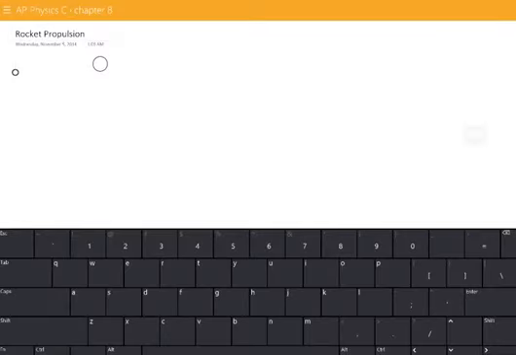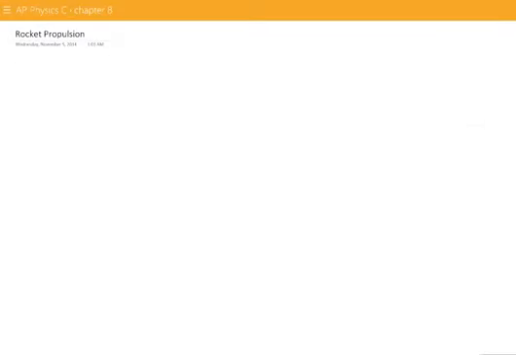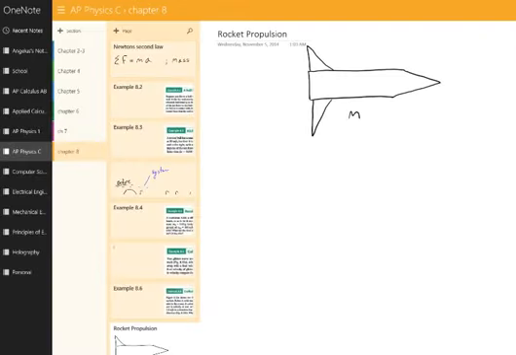Okay, so let's use the concept of momentum conservation to talk about rocket propulsion. For this example, we're going to make a couple of assumptions, and one of them is that the rocket is already in space. So let's say that we've got a rocket, and the rocket has some amount of mass m and some velocity v.